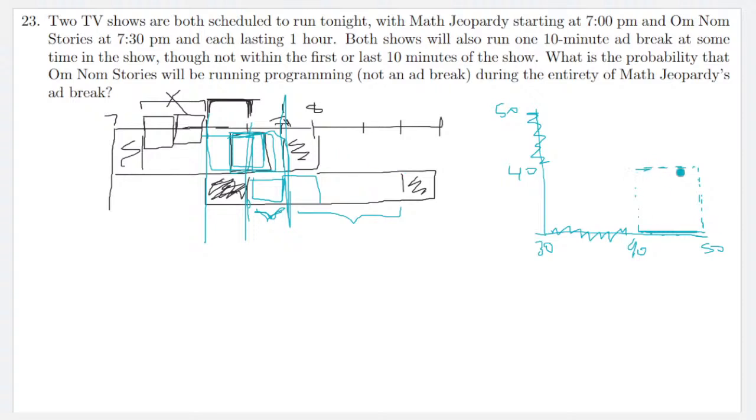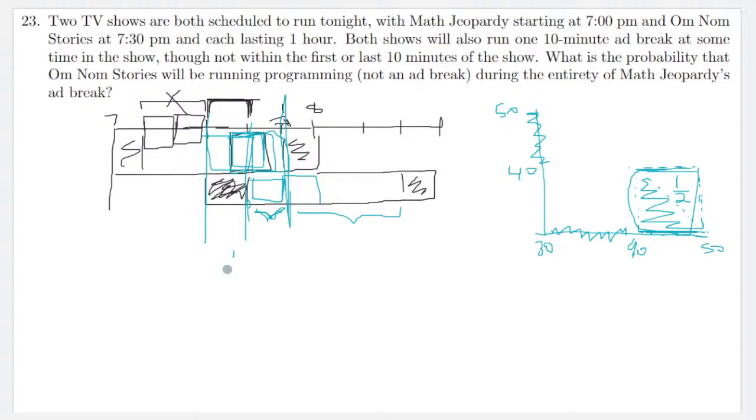So there's nothing up here. So in reality, what we can do is, we know that the probability must be linear, right? Because as you slightly shift Math Jeopardy's break over, the probability will slightly decrease. So in fact, you don't even have to draw this out. You can just tell that no matter which way this triangle is, it's a 1/2 probability. So if it falls within this range, it's a 1/2 probability.